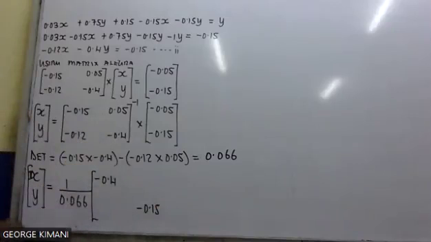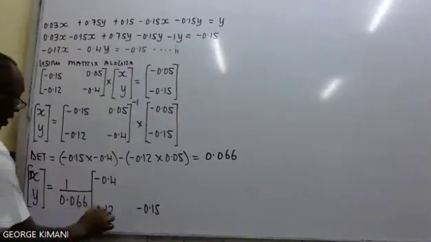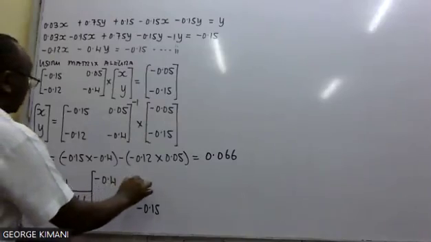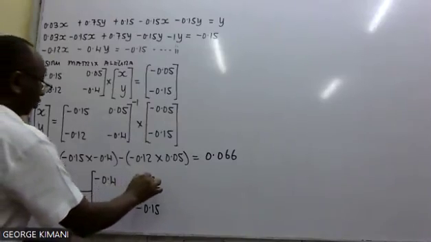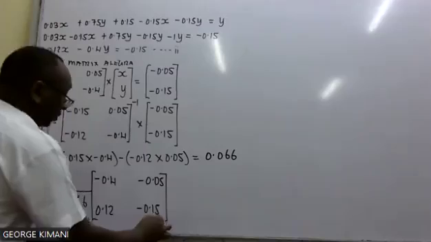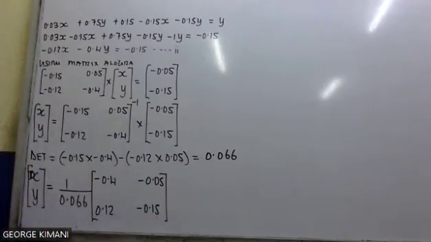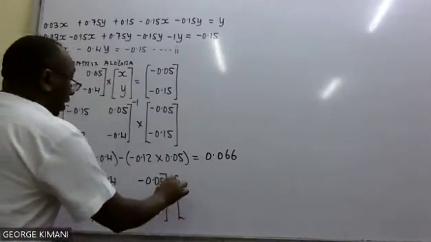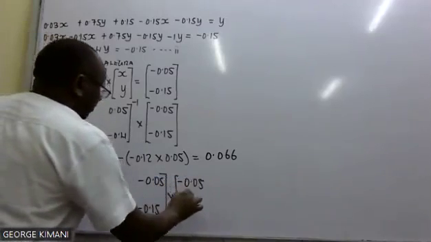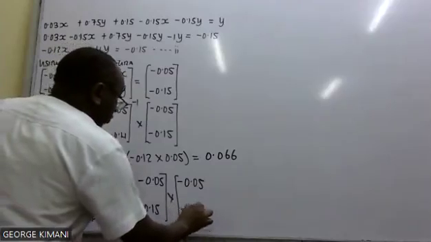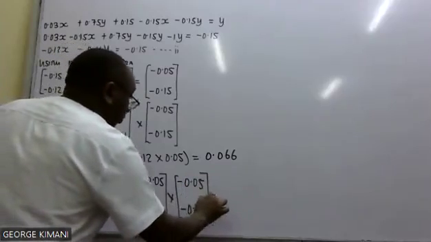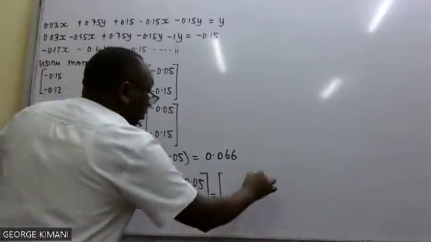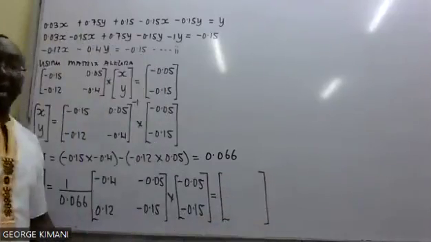Then you change the signs of the minor, so this one becomes 0.12 and this becomes minus 0.05. Then you multiply by negative 0.05, negative 0.15. So multiply and give me the answer.